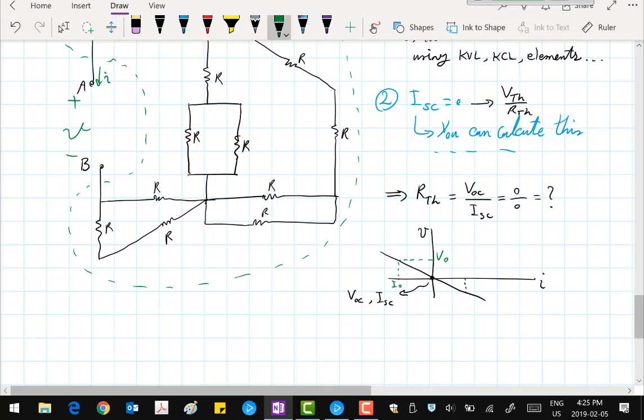If I had applied my V naught the other way, well, the current would have been the other way. This is the kind of thing that can get very tricky, and so staying on top of these directions is very important. So this is my general V and I, but for a specific data point, I call this V naught, and that current, so V is V naught in this case, and I is I naught.